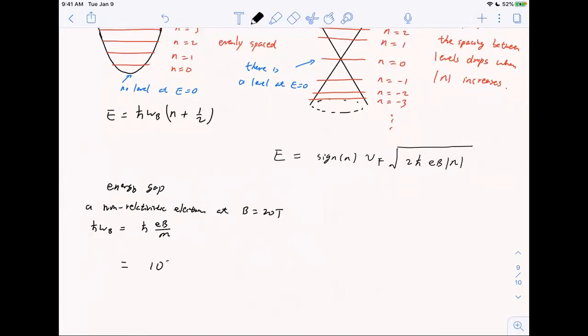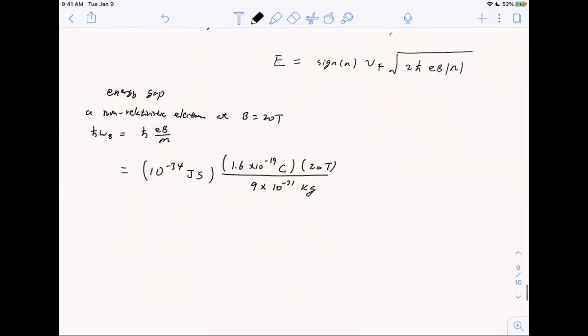So h bar is 10 to the negative 34 joule second, and then for an electron, you just put the mass of a free electron, and then you just put in 20 Tesla. This is the charge, not mass. Sorry. Okay, so this is the mass of an electron. We're using a free electron. So in a normal solid, the effective mass will be smaller than that.